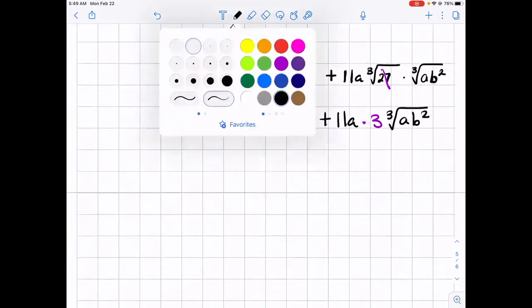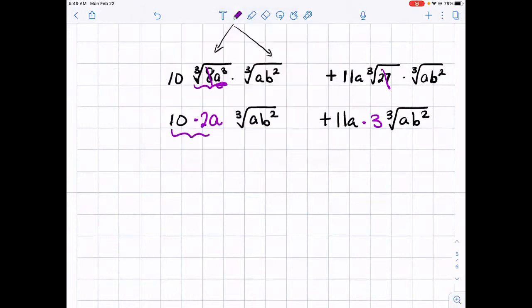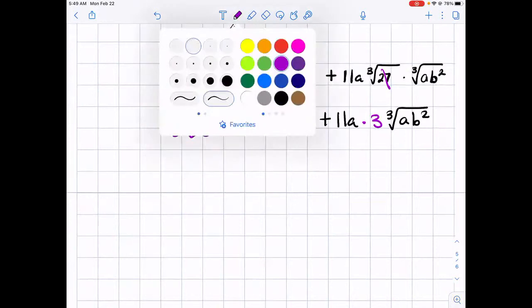If I multiply these two now, 10 times 2a becomes 20a.